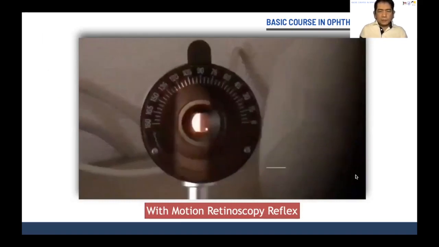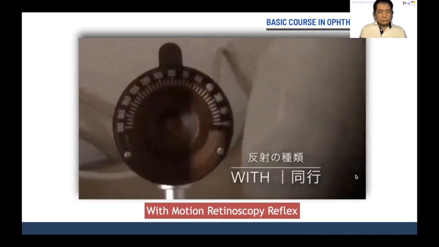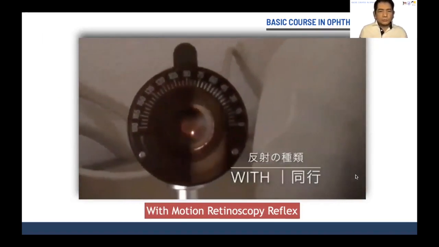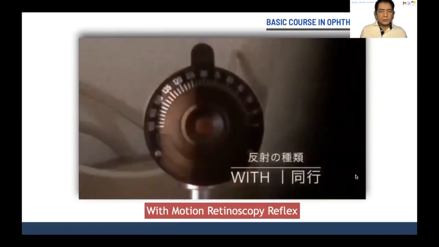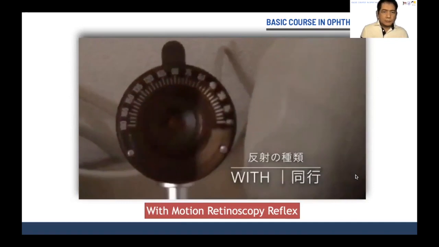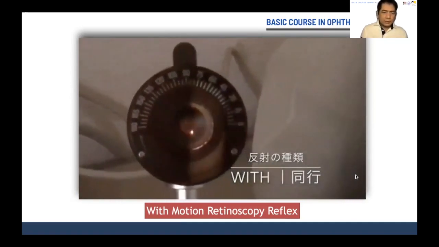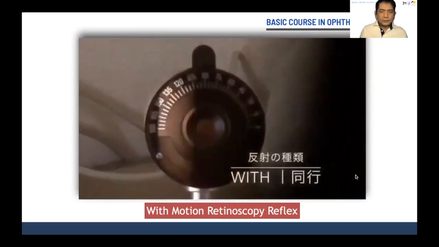Like in this video, the outside light is the streak of your retinoscope, positioned vertically. You move your retinoscope right to left in a horizontal motion, and then observe the reflex inside the pupillary area. We call it the retinoscopy reflex.